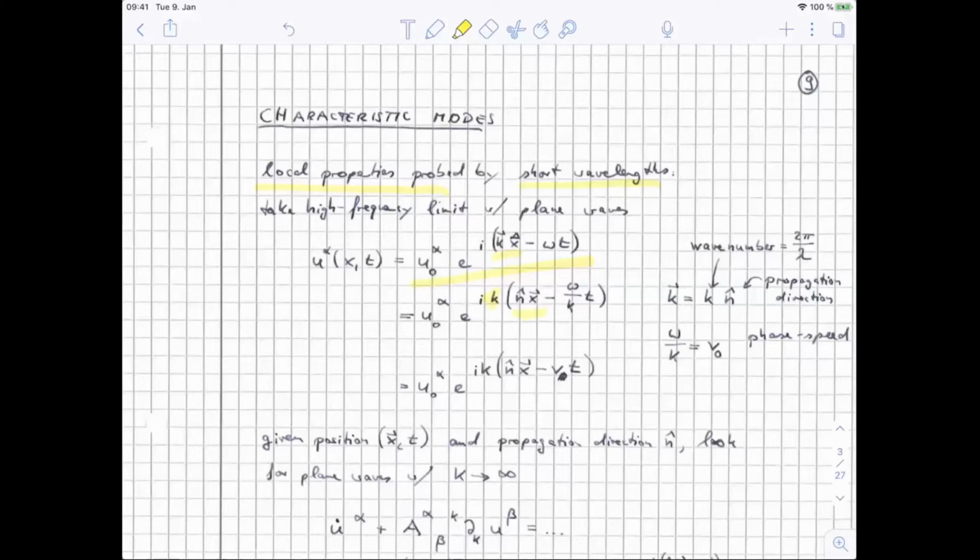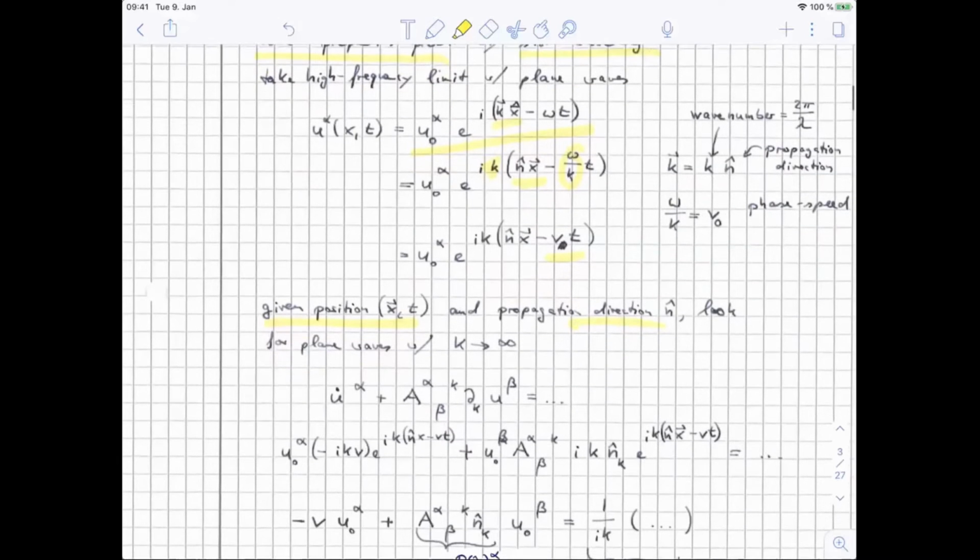And you could then rewrite the time term as a v times t, because the velocity is omega over k, the phase speed. And so now we want to look at a given position, x and t, and for a given propagation direction, we want to look at the high frequency limit.